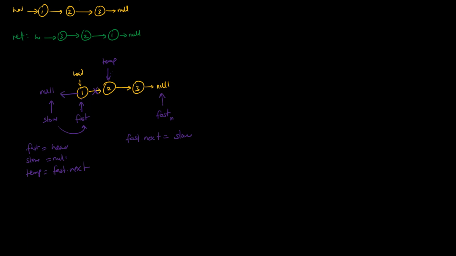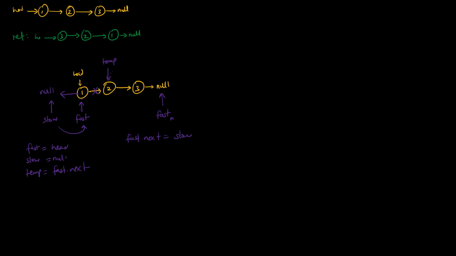So this is pointing back. So the head is already reversed, pointing to where slow was pointing, which is here. And that is already reversed by that point, and you have your temp here.